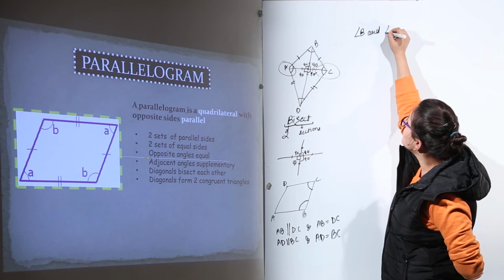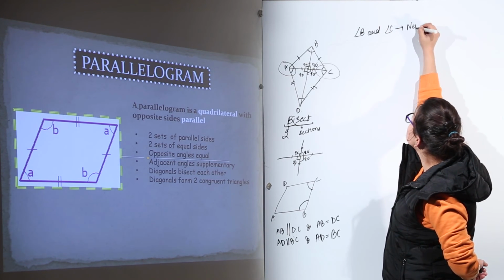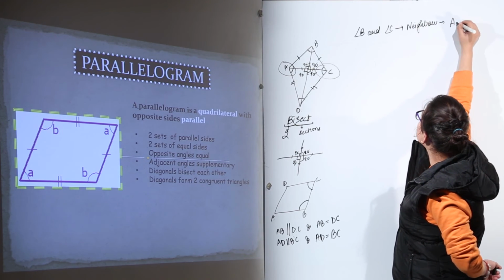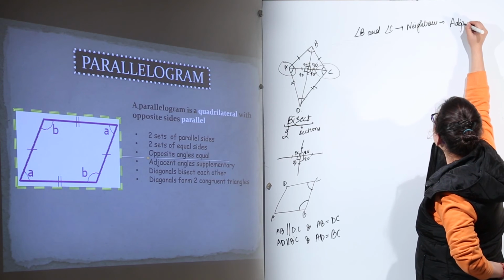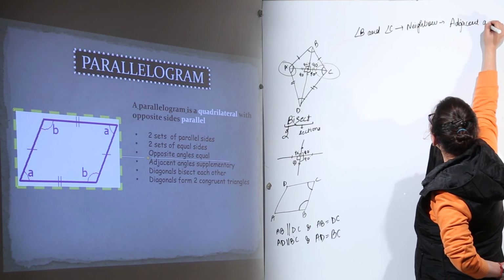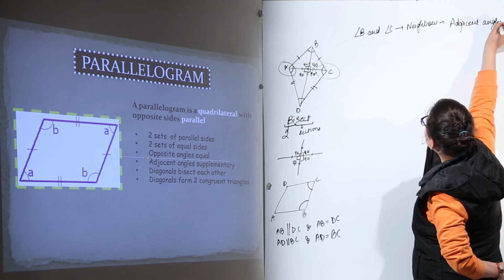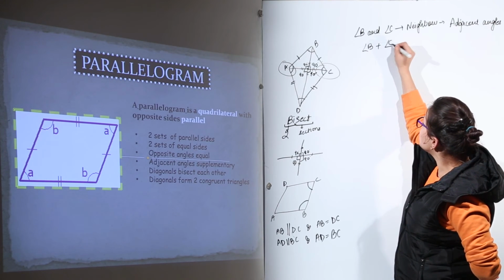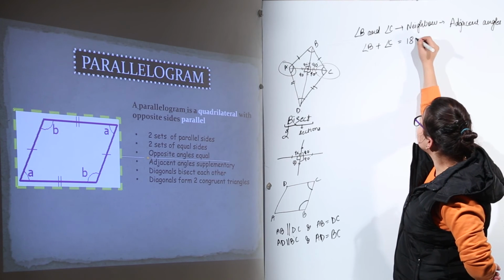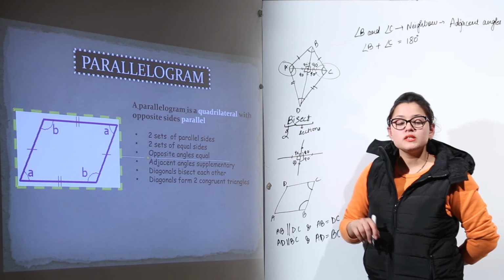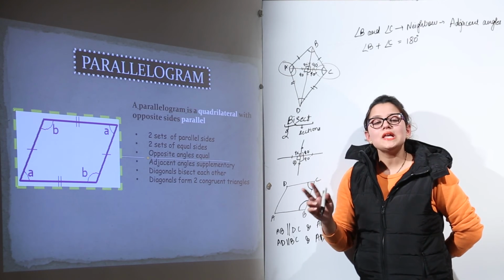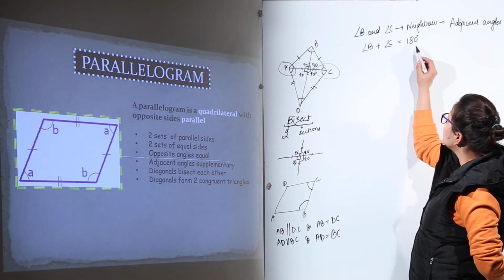Now what does it mean that adjacent angles are supplementary? It means that angle B plus angle C would be equal to 180 degrees. The two angles adjacent to each other add up to 180 degrees.